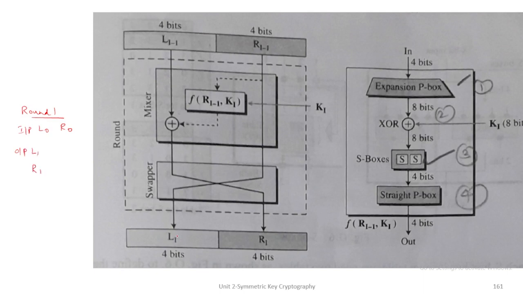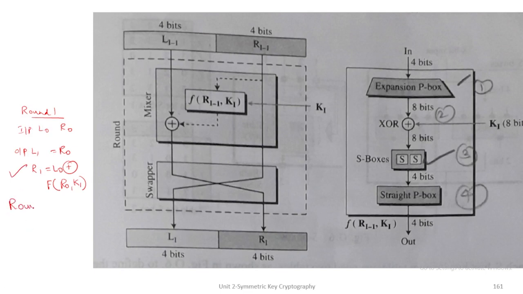From the diagram, L1 is equal to R0, and R1 is equal to L0 XOR the round function of the input R0 and the first round key K1. Using this methodology, we calculate L1 R1, which is the output of round 1.